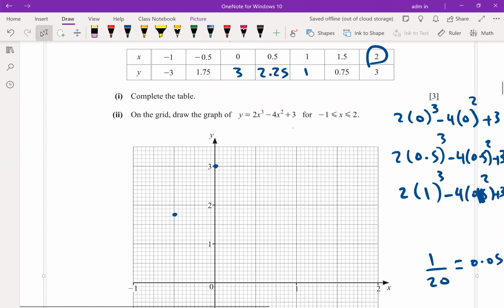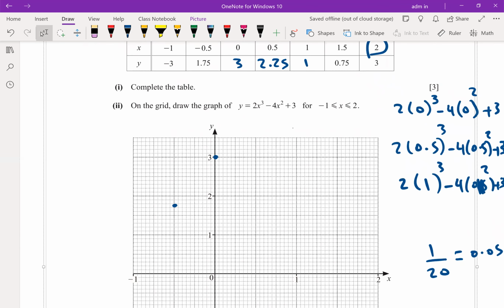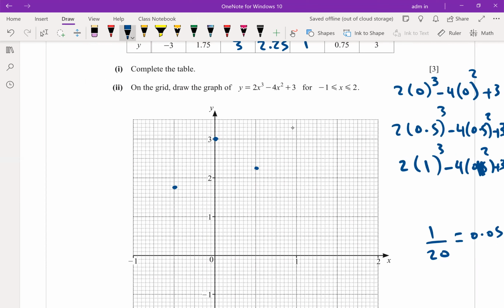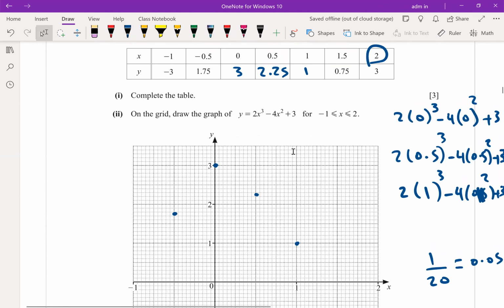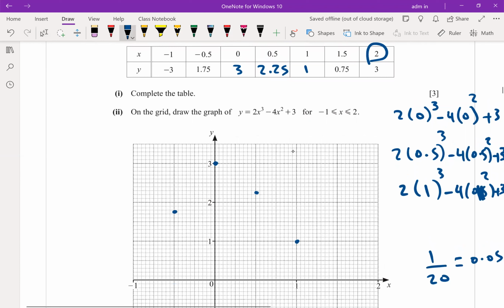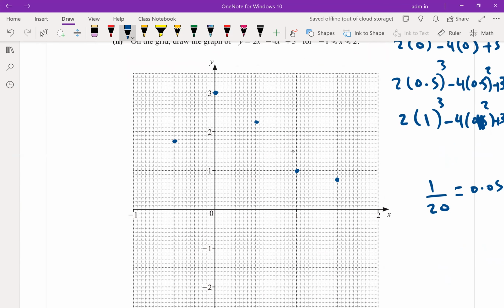0.5 and 2.25. 1 and 1. 1.5 and 0.5, 0.75. 2 and 3.